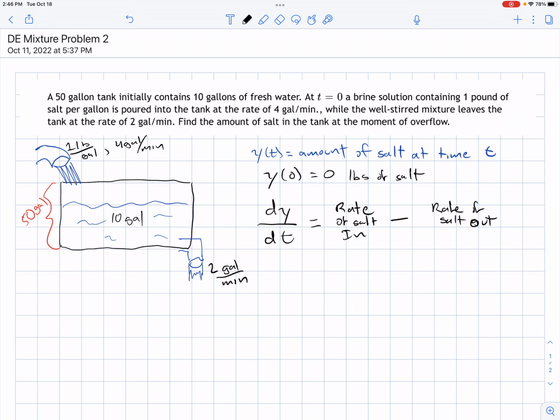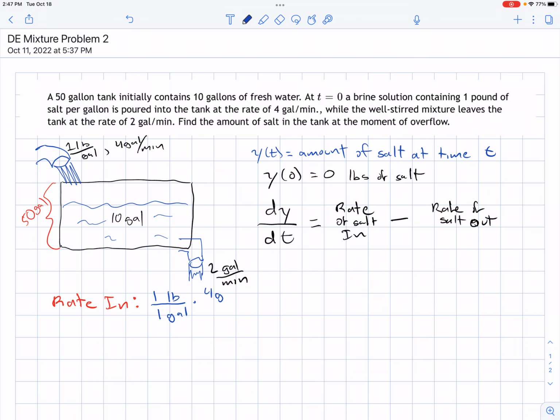So we need to figure those things out. The rate in: we know that we have 1 pound of salt per gallon, and it's going in at 4 gallons per minute.